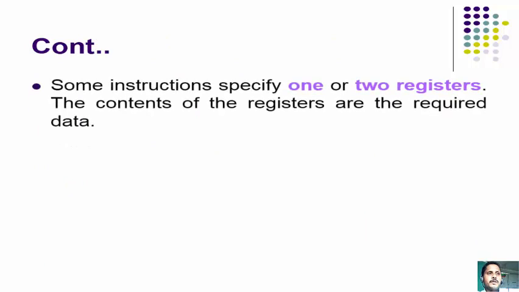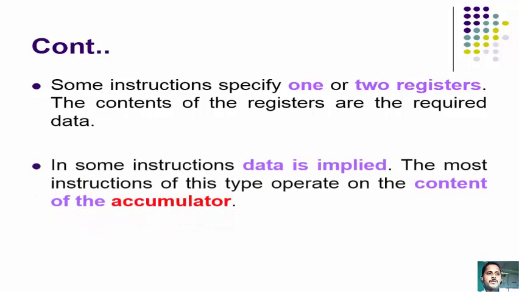Some instructions specify 1 or 2 registers, that is, in the operand field you will find general purpose registers, 8-bit registers or register pairs also. The contents of the registers are the required data, that is, data available in the registers is used by the instruction. In some instructions data is implied.